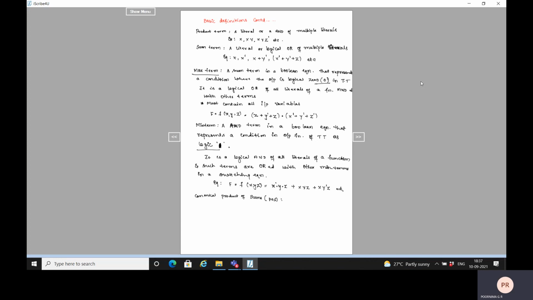The canonical product of sums is a complete set of max terms combination that defines all the outputs as 0 in the truth table, and it is a logical ANDing of OR terms.